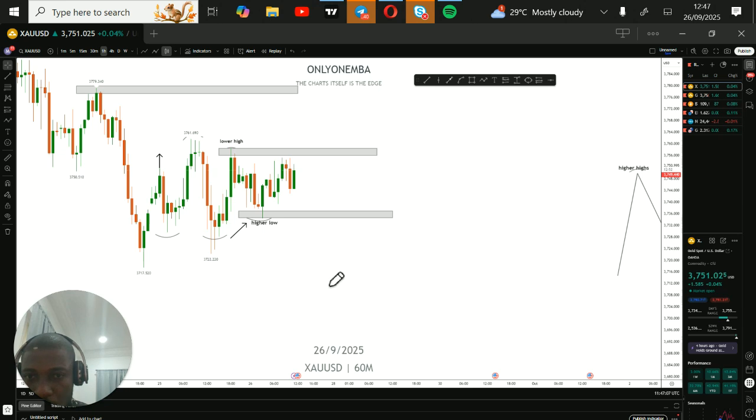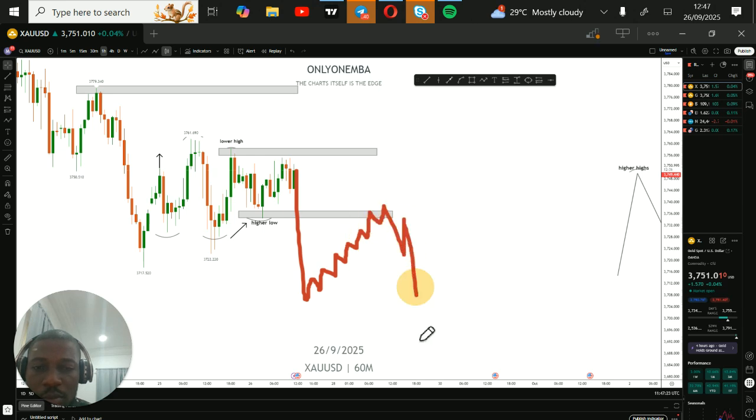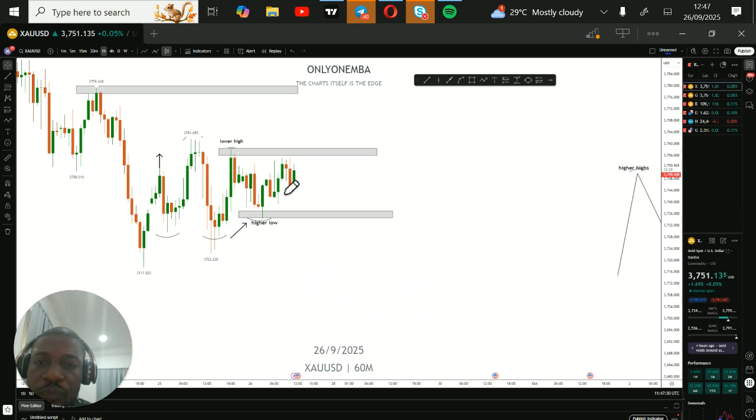The correction usually gives us higher lows on a lower time frame, and then boom, you shoot to this low and create another low. So we don't know anything that's happening here right now.